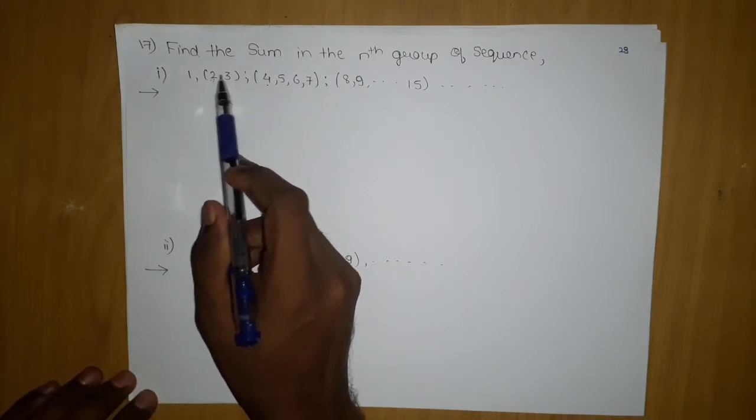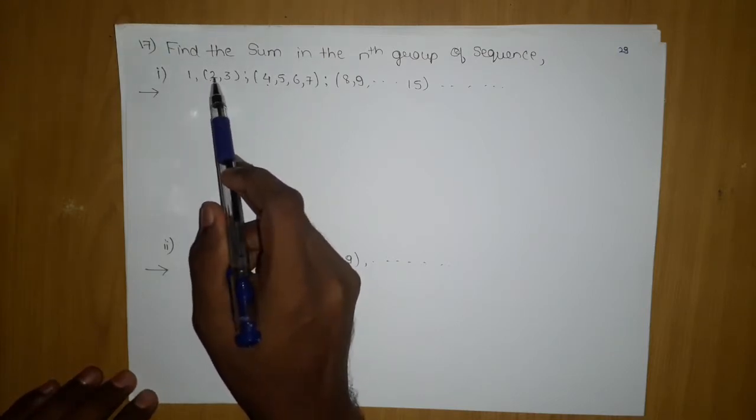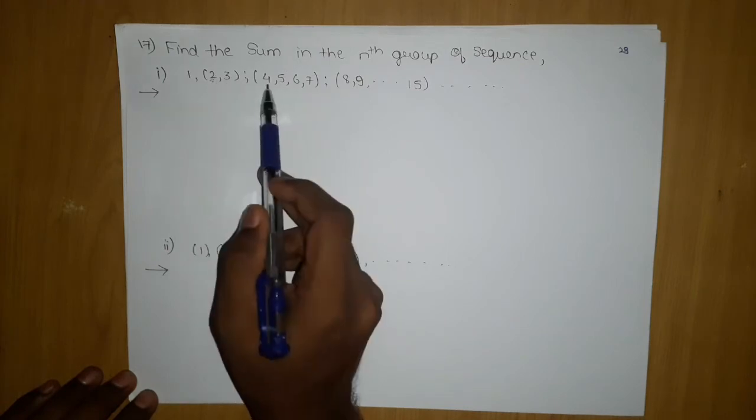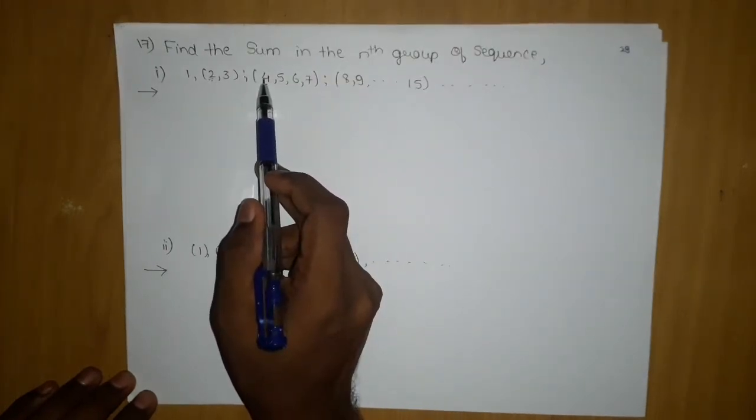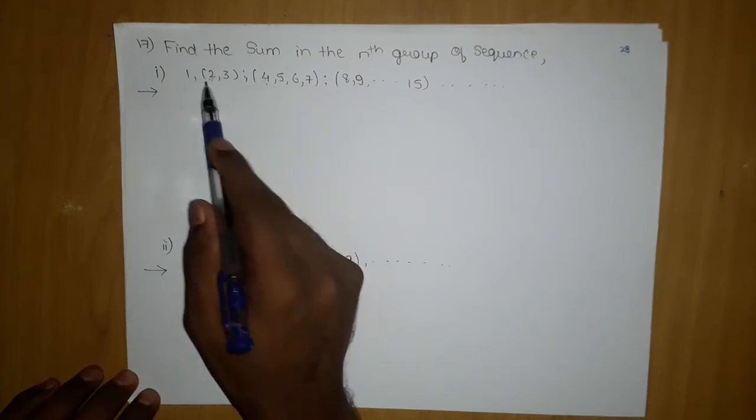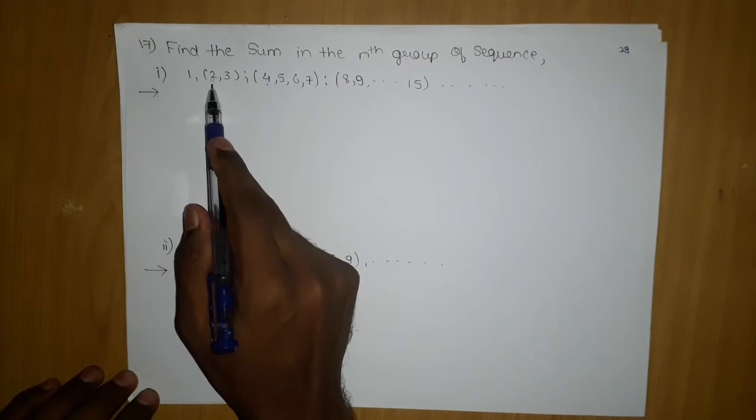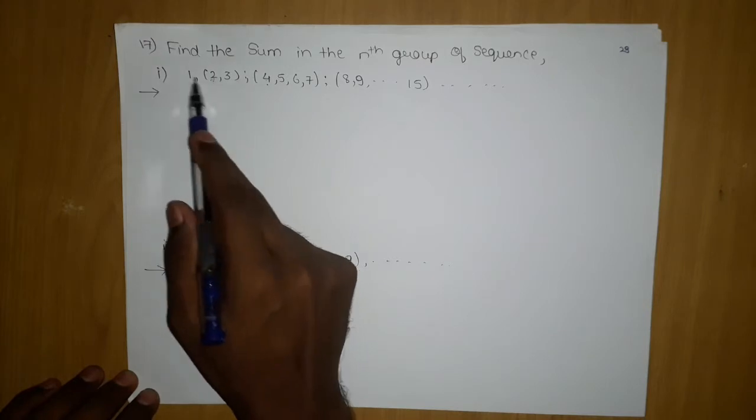The first group's first term I can take as 2 power 0, and the second group's first term will be 2 power 1. So it is starting from 2 power 0.